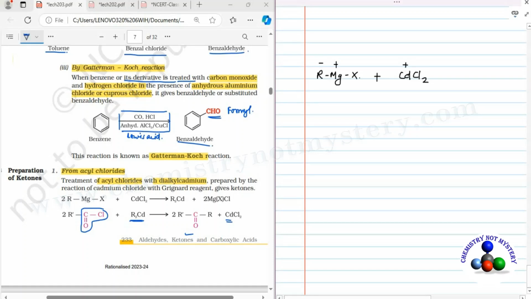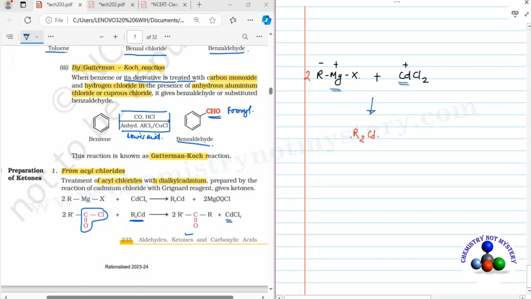Transmetallation takes place, which means cadmium replaces magnesium from RMgX. When two molecules of RMgX react with CdCl2, you will get R2Cd. This is dialkyl cadmium.